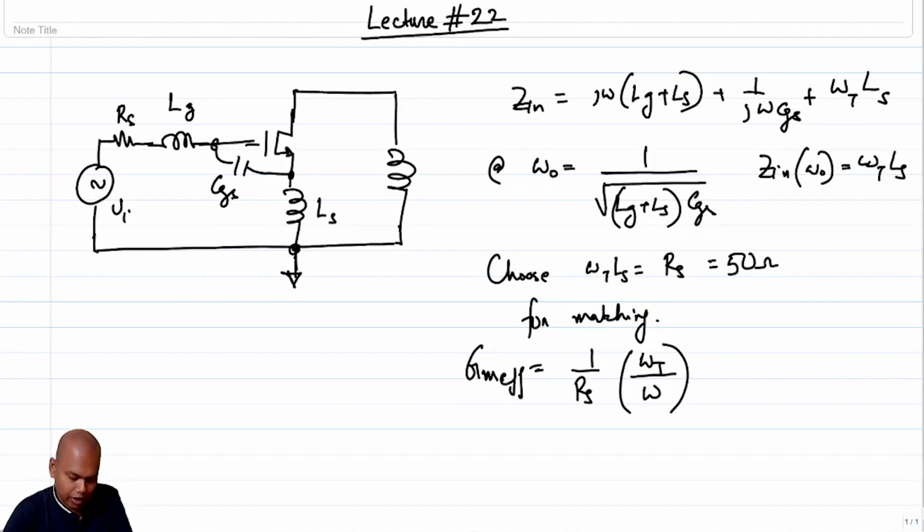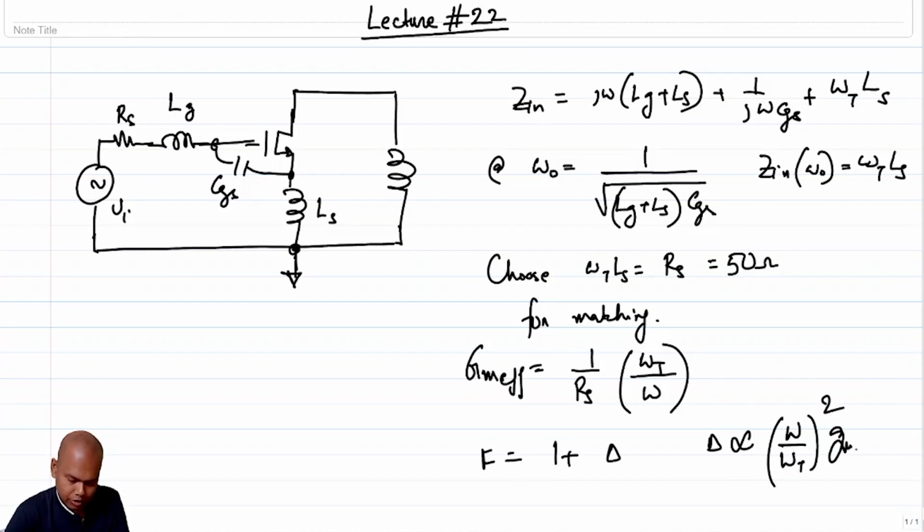We also saw that the noise factor was 1 plus some extra delta, where this delta is essentially proportional to (omega by omega T) whole square times GM RS. So this also gives us a design variable: if we bias our transistor for as high an omega T as possible, then we are good.